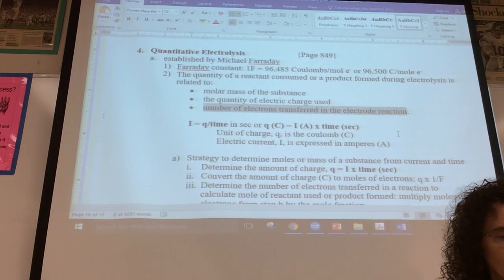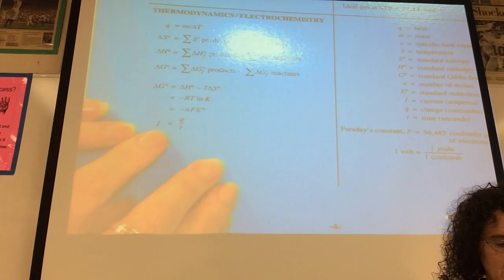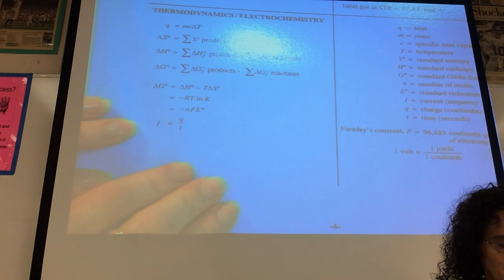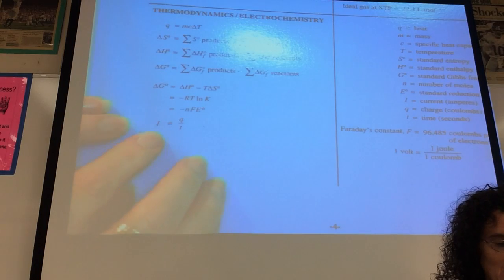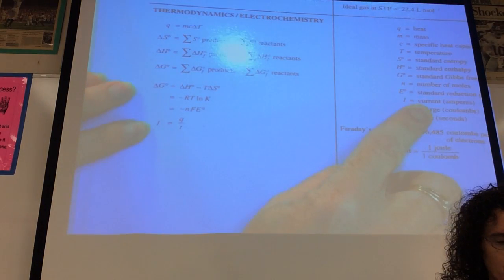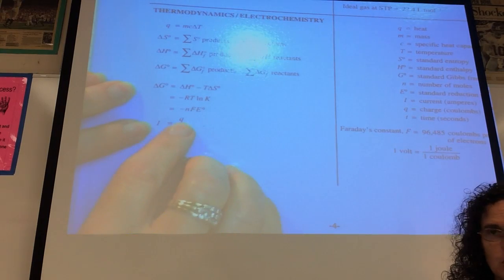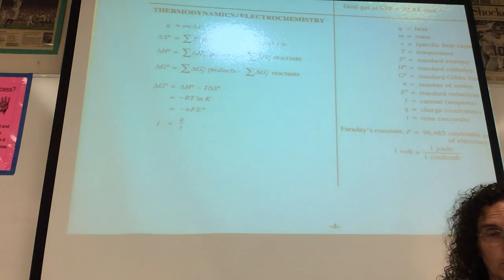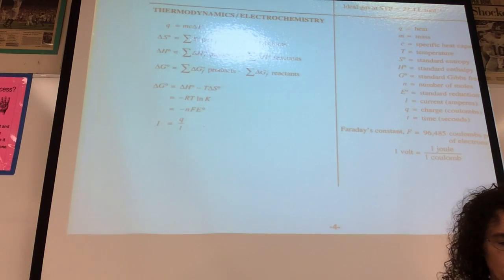The only formula that we have yet to discuss this year on your equation sheet is this one. I call it the quit formula. Because Q is equal to I times T. I is the current in amps. Q is the charge in coulombs. Remember we talked about Coulomb's law with the plus Q and the negative Q?